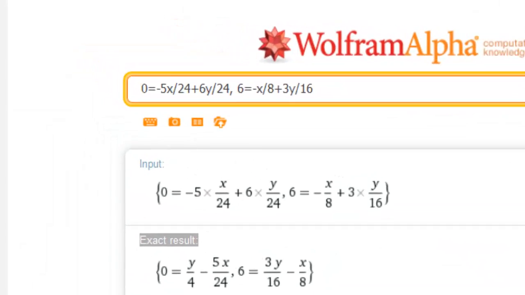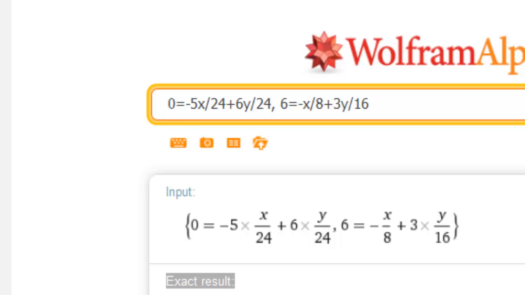For the final part, we're going to find the values of v1 and v2, and I'm going to use Wolfram Alpha to do that.